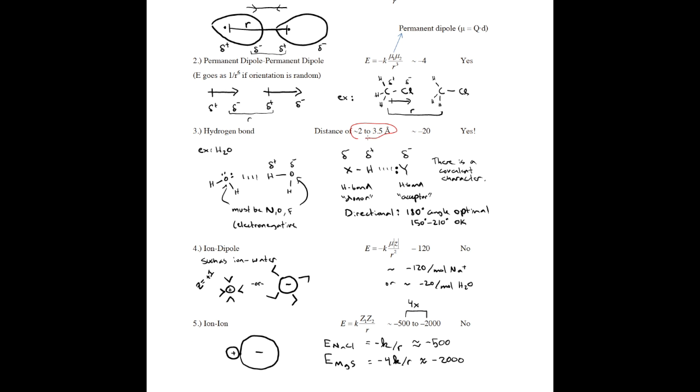Hydrogen bonding doesn't really have an r. We just know because of the covalent character that they need to get pretty close. Not as small as a covalent bond, but almost as small. So you should know that the distance is the distance between the heteroatoms, the X and the Y, the ones without the H.